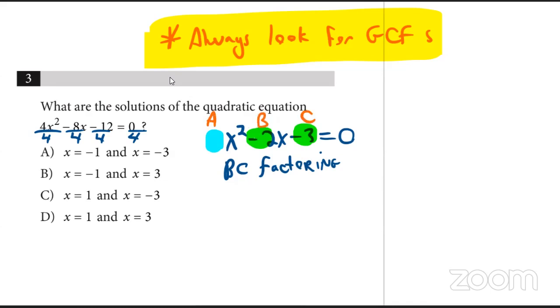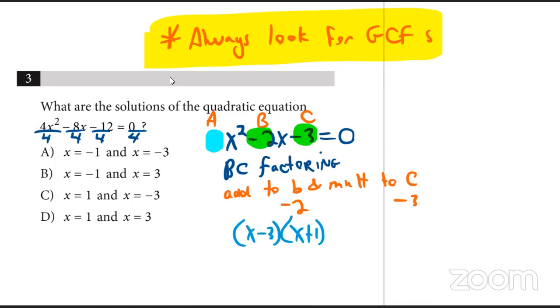A quadratic's usually in the format of ax squared plus bx plus c. To keep it simple, we're looking for 2 numbers that add to b and multiply to c. They need to add to -2 and multiply to -3. What 2 numbers add to -2 and multiply to -3? The answer is -3 and 1, so this factors to x minus 3.